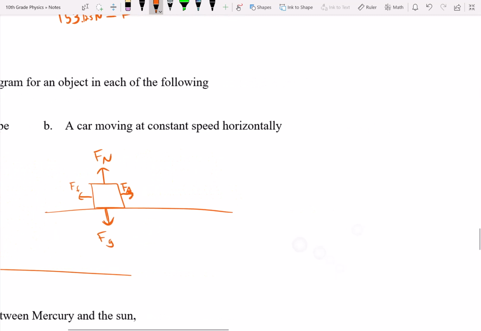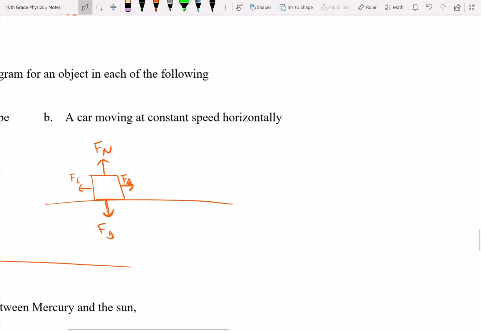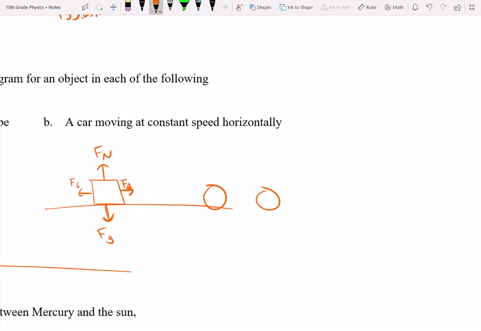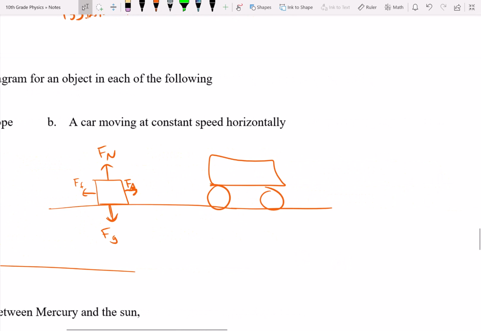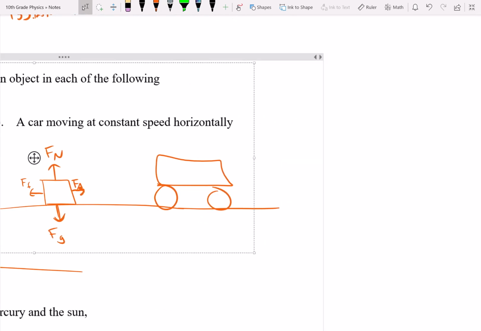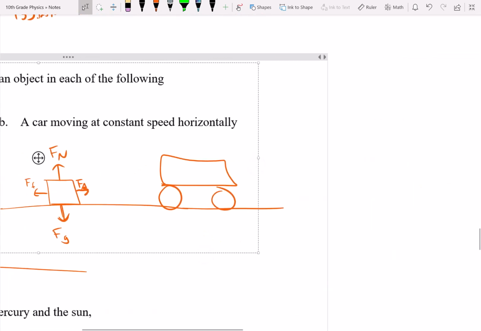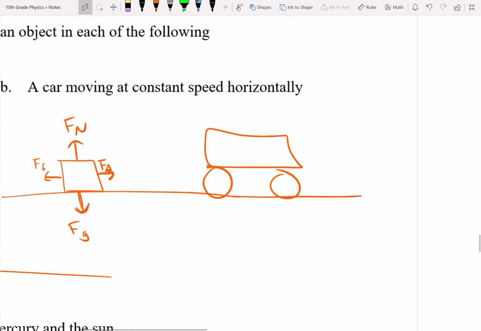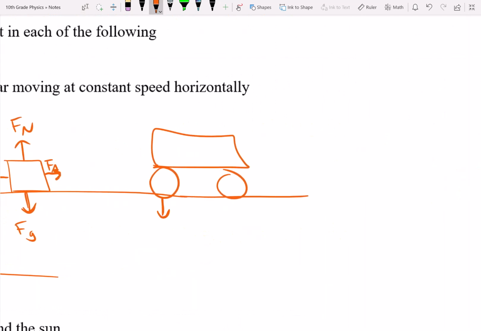A better example would be actually drawing this car, because there is something a little bit different going on. I'm not going to draw a real fancy car, but there's my car. The force of gravity pulls down on this object, right? So that force of gravity is pulling down on the entire object, but it's also on each wheel, right?